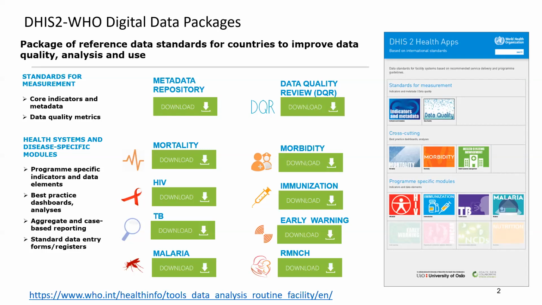And these guidelines were more or less categorized in many categories as per the programs. So it started with, of course, different programs like HIV, TB, malaria, immunization, and then there was also other areas like RMNCH. So there are many guidelines.